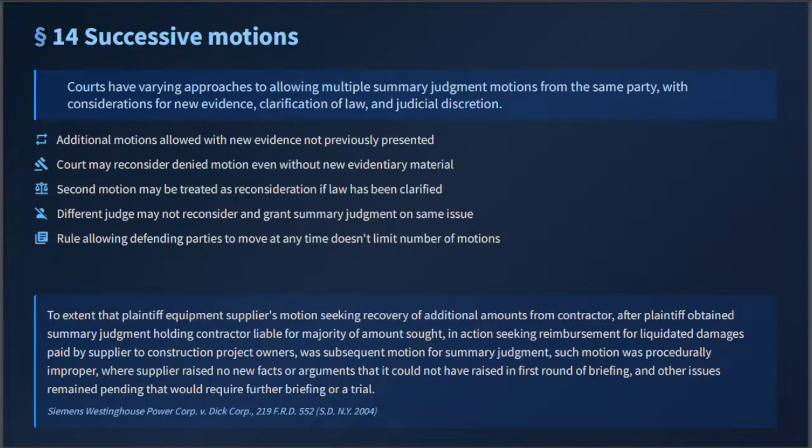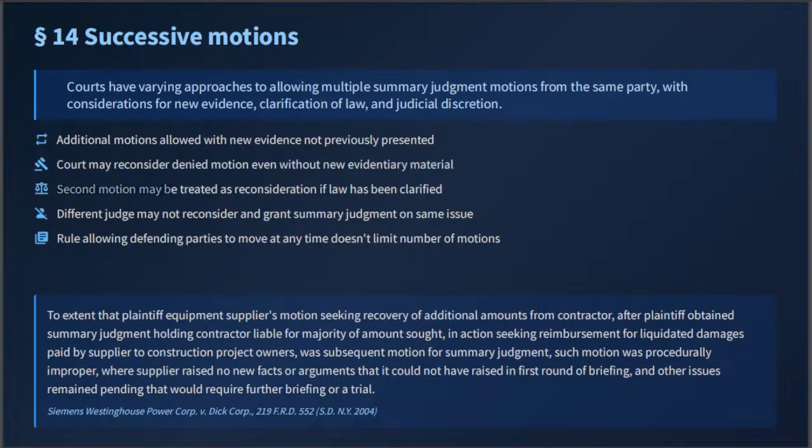All right, now we're after the time, we are on to the successive motions. Section 14. Courts have varying approaches to allowing multiple summary judgment motions from the same party, with considerations for new evidence, clarification of law, and, of course, judicial discretion. So, additional motions are allowed with new evidence not previously presented. The court may reconsider a denied motion even without new evidentiary material, though.